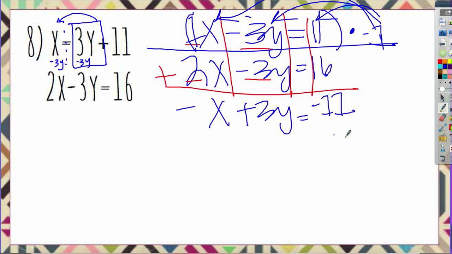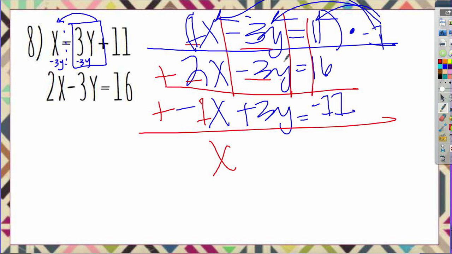Now we're using these two equations and we're adding them together. 2x plus negative 1x is really leaving us with a 1x. The negative 3y plus 3y cancels, so there's no y's left. And 16 plus negative 11 is really 16 minus 11, so x is going to equal 5.